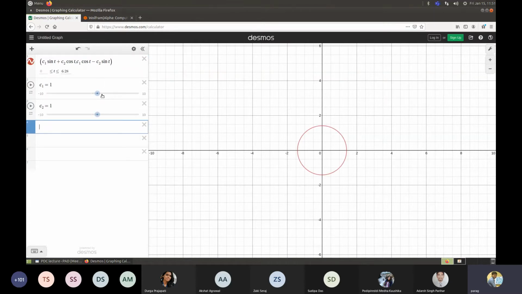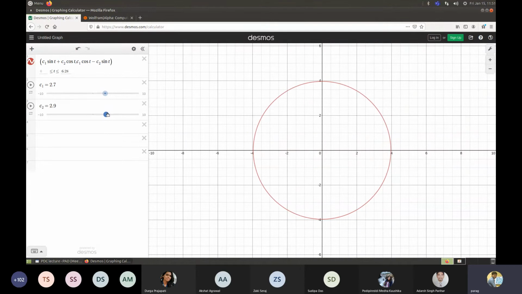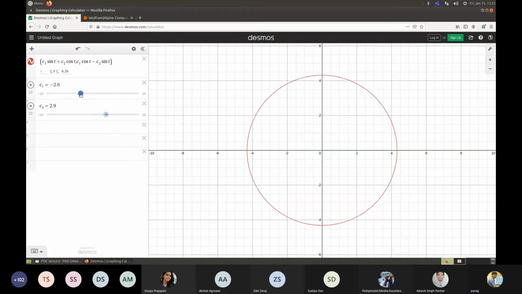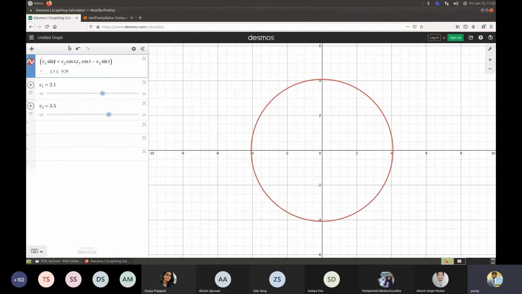Again, what you see here is that this only changes the magnitude, but the nature remains the same. One interesting thing is that as you change the sign, the behavior doesn't change.